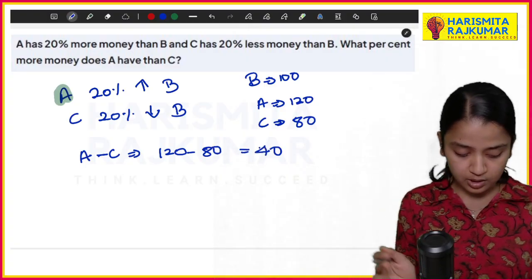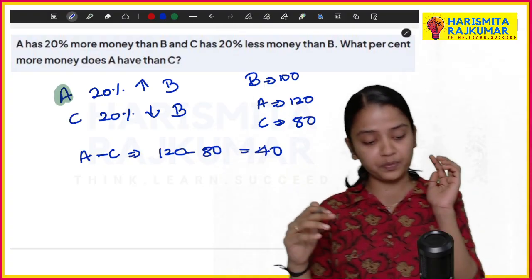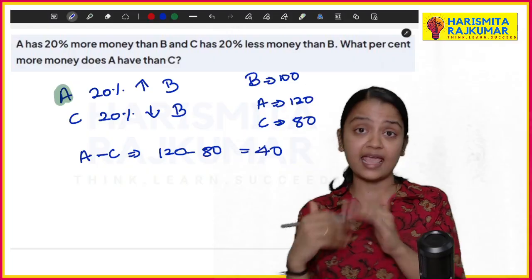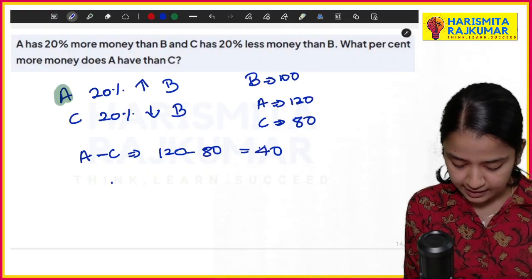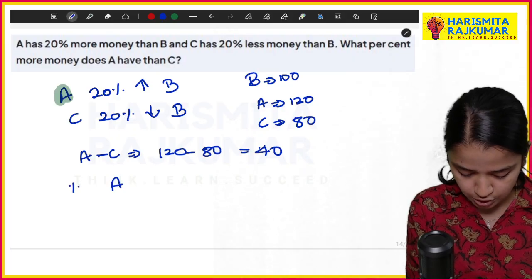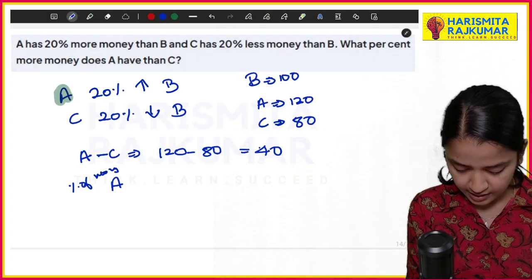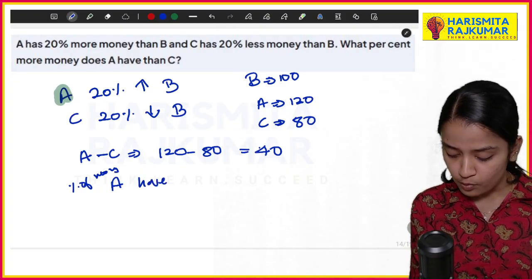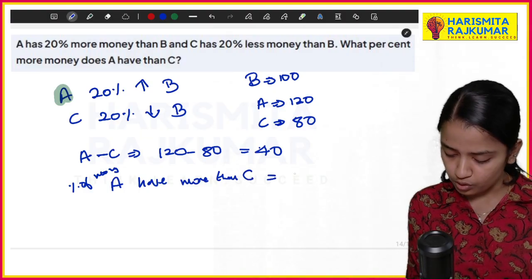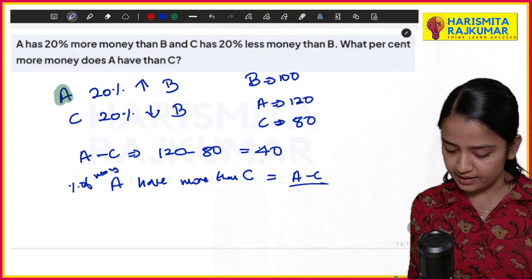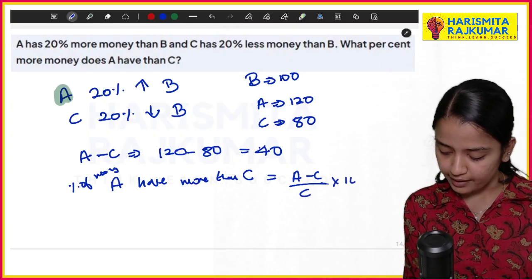Now the question is, I have to find what percentage more or less money A has than C. So basically the percentage of money A has more than C is equal to A minus C by C into 100 percentage.